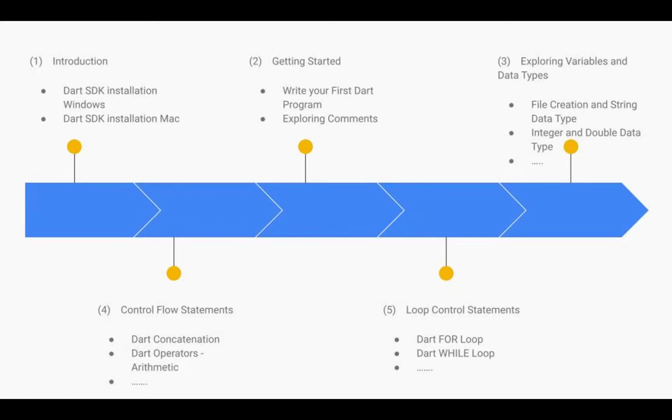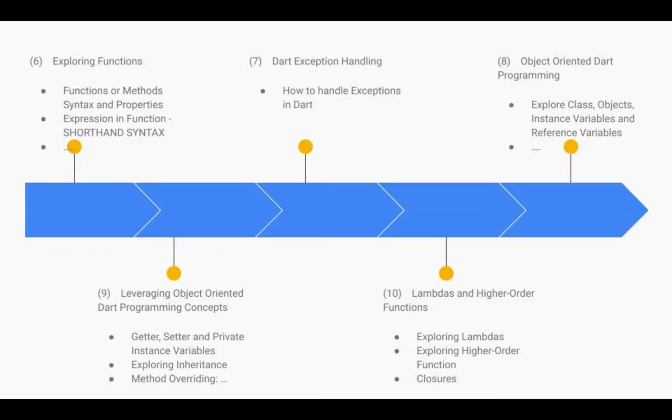Along with this, you will also be able to explore various control flow statements such as conditional statements and also loop control statements. Now moving on to section 6, you will learn how to define methods or functions in Dart and explore various types of functions such as optional positional parameters, optional named parameters, and default parameters.